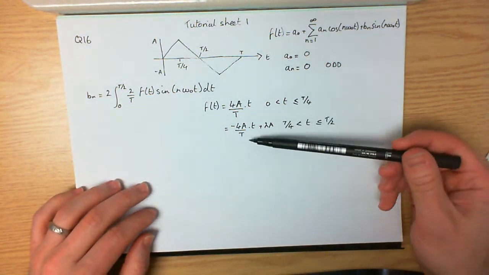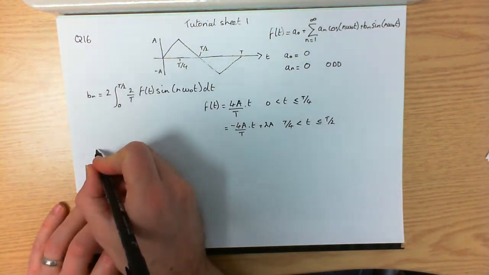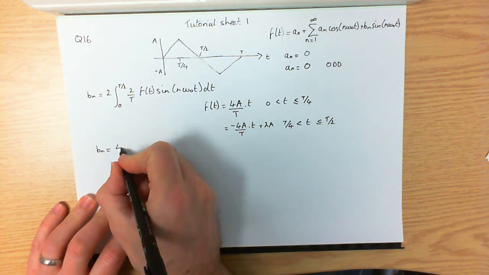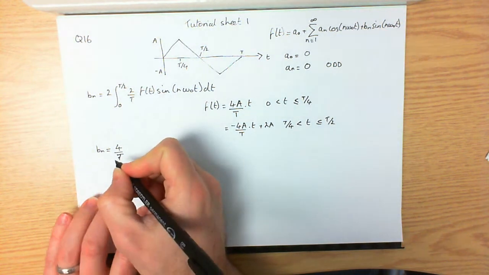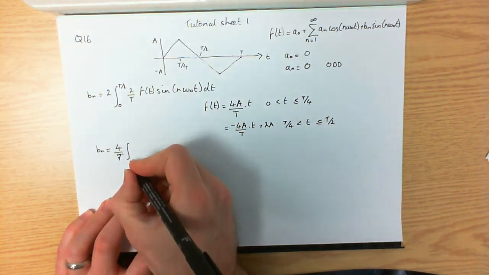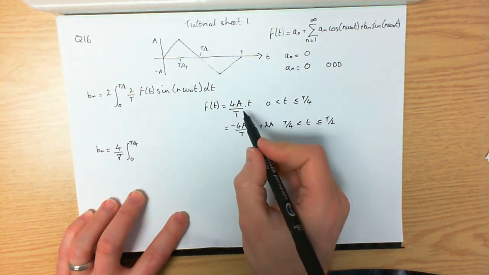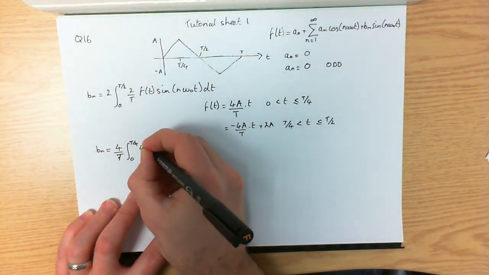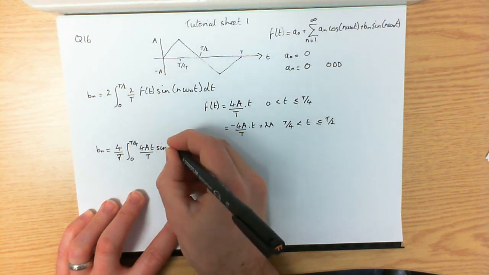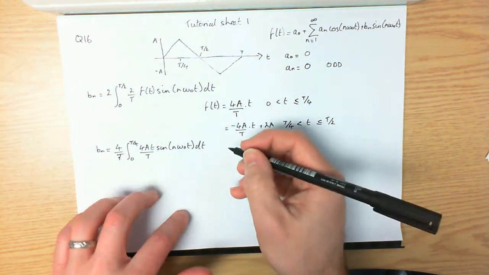So now we've got our function f of t, we can work out bn. I can write bn down, so that's going to be 4 over T of the integral from 0 to T over 4, first of all, because we're just looking at this integral, of 4a t over T sine n omega naught t dt.